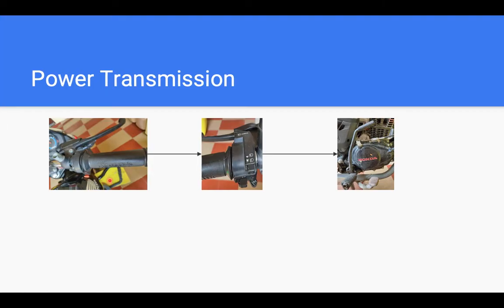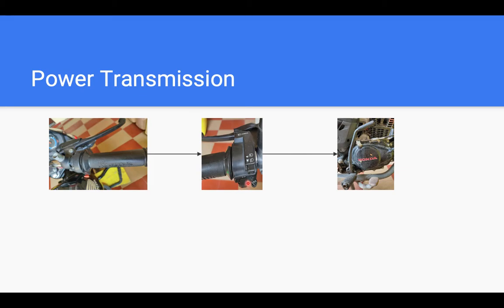Power transmission. So the bike has four gears. The first gear will have higher torque and low speed, and the torque will reduce with increasing gear, and the speed will increase. To start a bike, we apply the kick, or we can use the self start button, and then we press the clutch and apply the first gear.